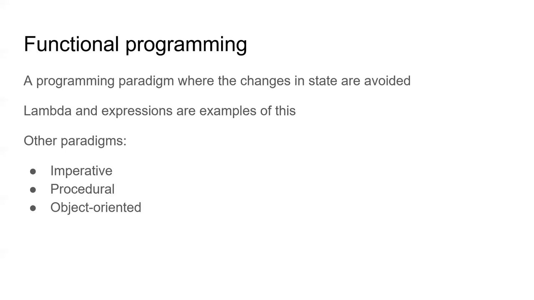And procedural basically means the same thing, except that we can divide our program into procedures. So in Python we talk about functions, so we can have independent functions which we can call from the main program or from other functions. And the object-oriented one is the one we talked about at the beginning of this advanced course, where we write classes and create objects out of classes.